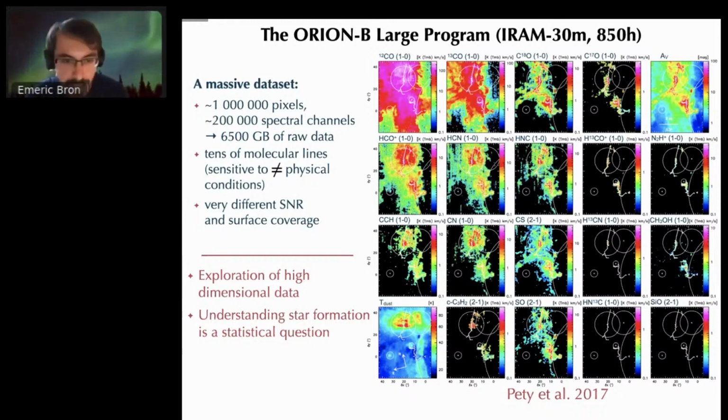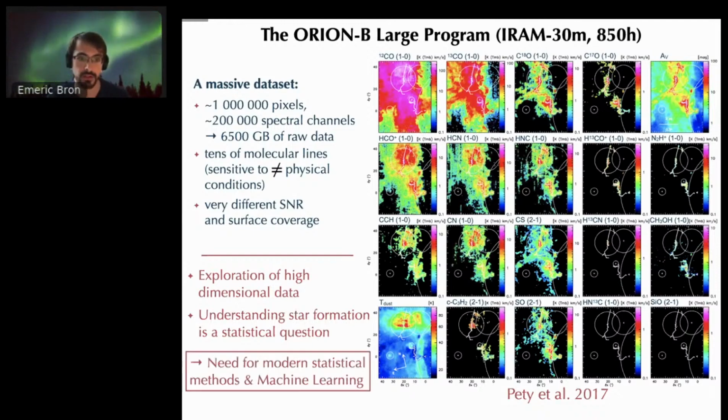So this creates new challenges when we have to explore such high-dimensional data sets. And if you add to this the fact that understanding star formation in GMCs is really a statistical question, we really need to move to modern statistical methods and, in particular, machine learning.